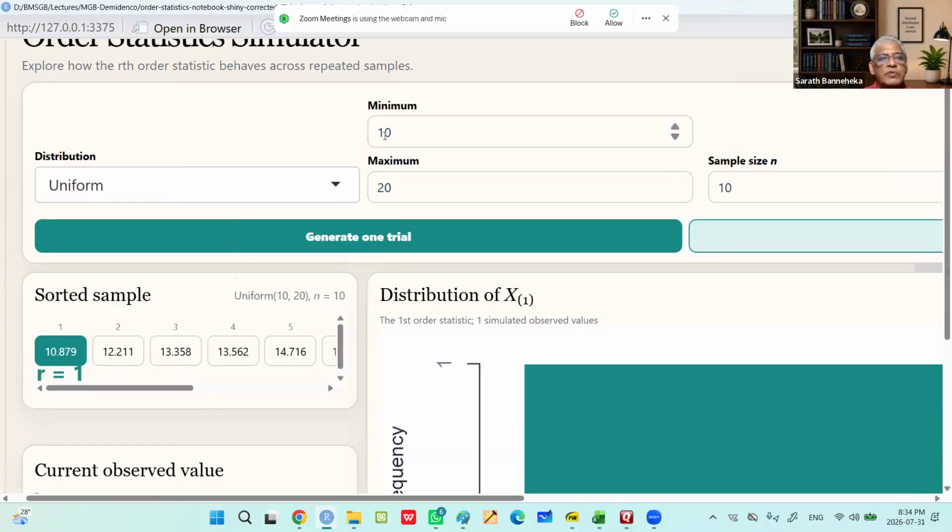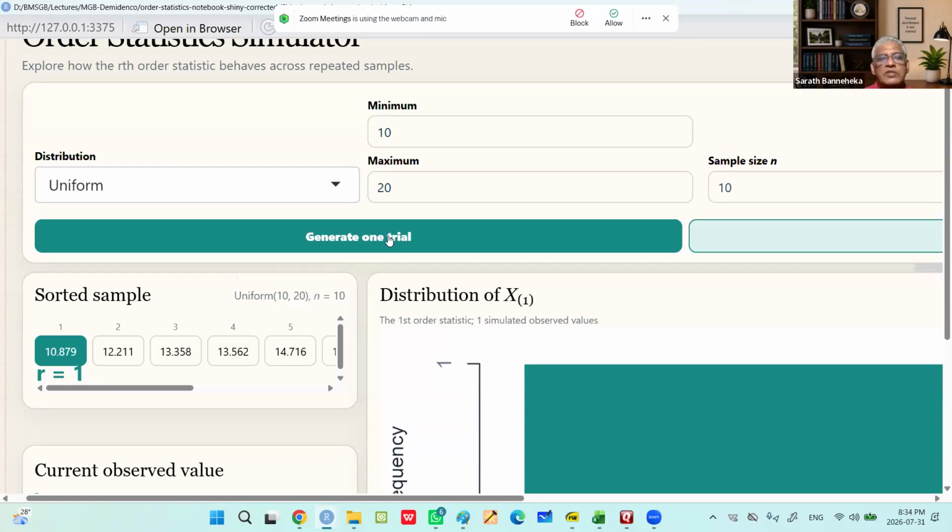So all the observations are between 10 and 20 here. I have 10 values and automatically here it has been sorted. So this is the first or the smallest value. So this is one possible value for my first order statistic.